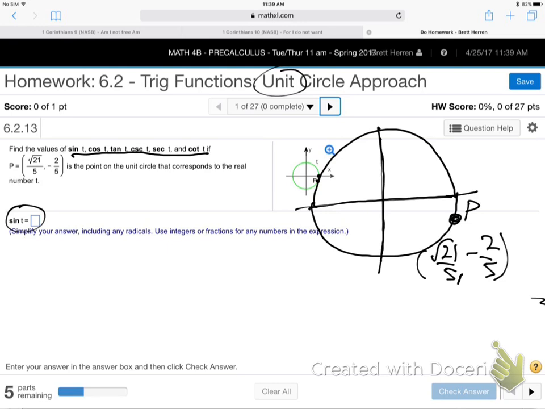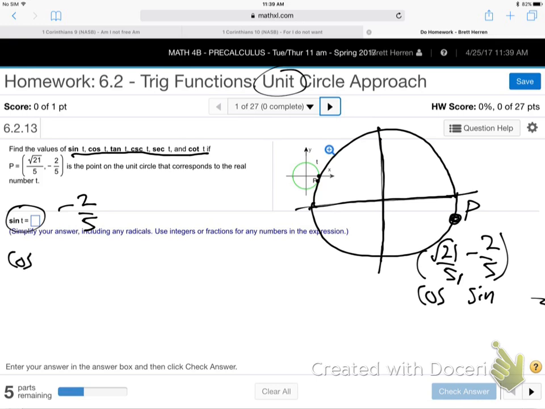So if you had trig recently, does anybody remember how points on the unit circle go with trig functions? Do you remember that the x coordinate is always cosine, and the y coordinate is always sine? So when they ask for sine, they basically just want the y coordinate, so minus 2/5.